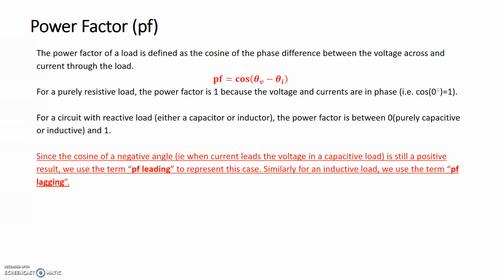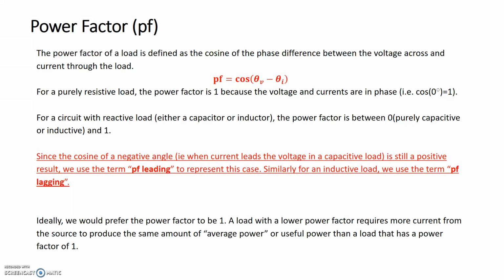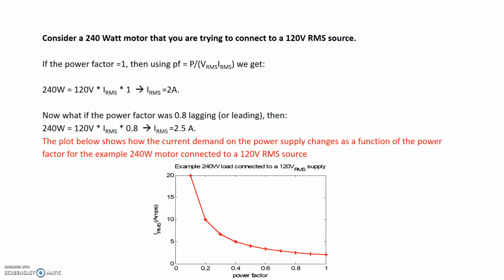A load with a lower power factor means that it requires more current from the source to produce the same amount of average power, or useful power, than a load that has a power factor of 1. So ideally we want a power factor of 1. Now consider a 240 watt motor that you're trying to connect to a 120 volt RMS source.